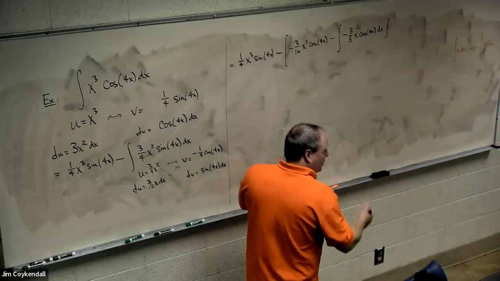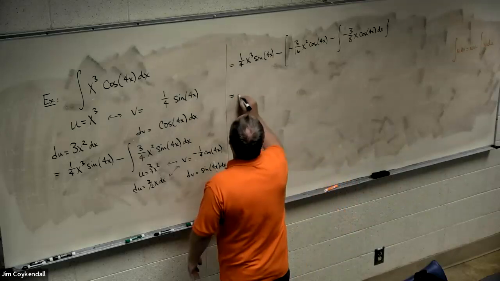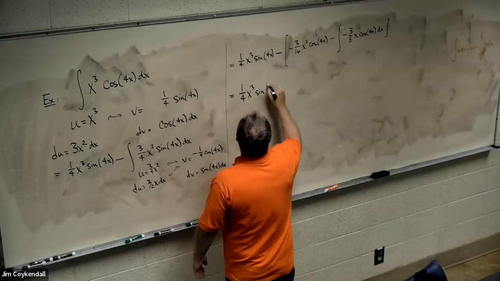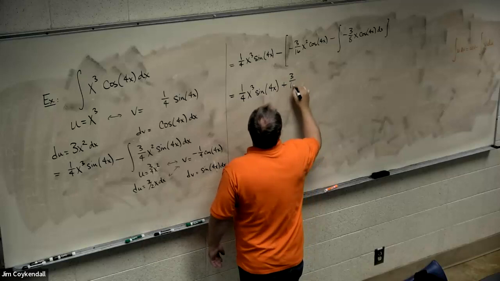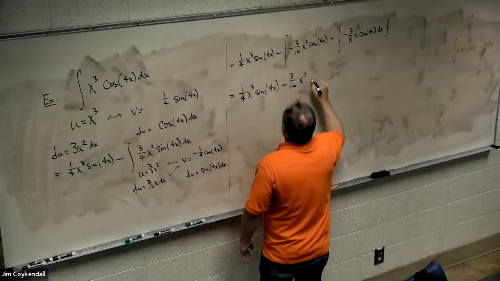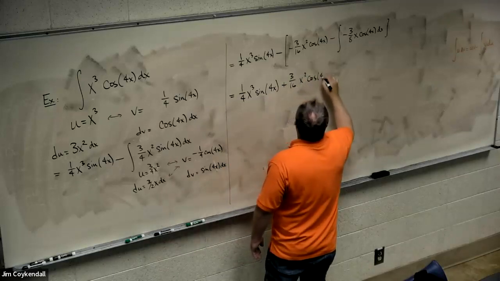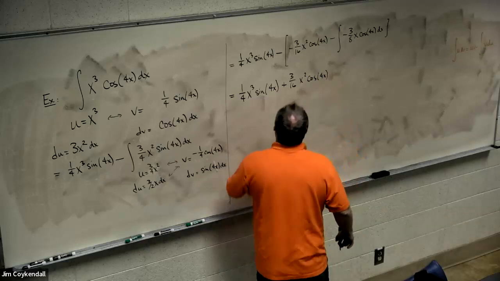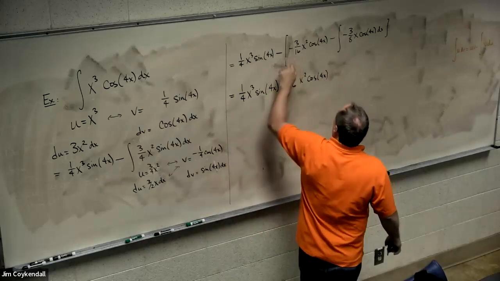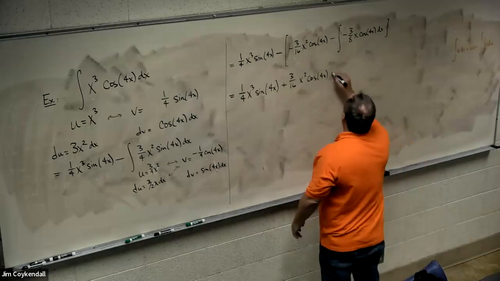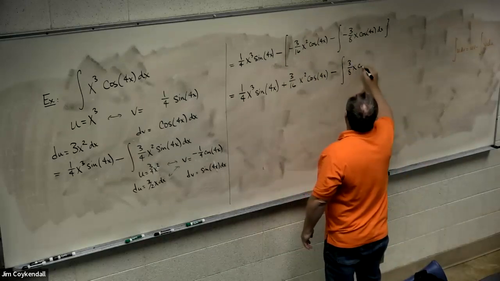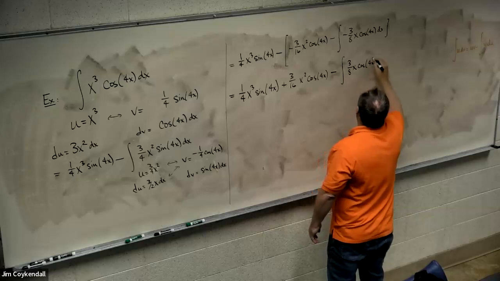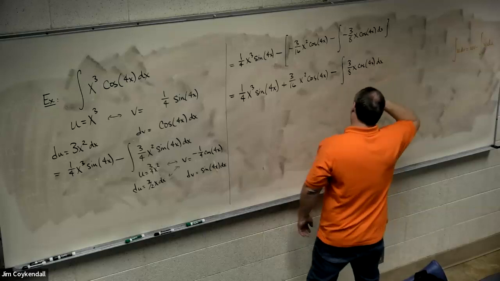Let's clean this up so I don't confuse myself. 1/4 x cubed sine 4x plus 3/16 x squared cosine 4x plus minus 3/8 x cosine 4x dx.